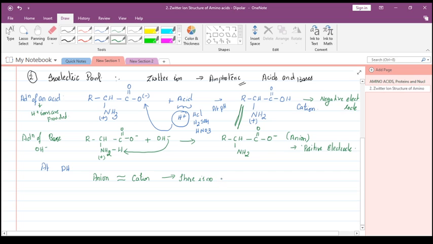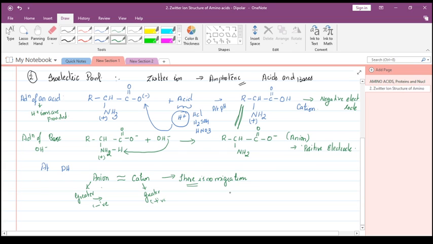If one is in excess, suppose the anion is greater, it can migrate towards the positive electrode. If the cation is greater, it will migrate towards the negative electrode. But if they are both the same, there is no migration.